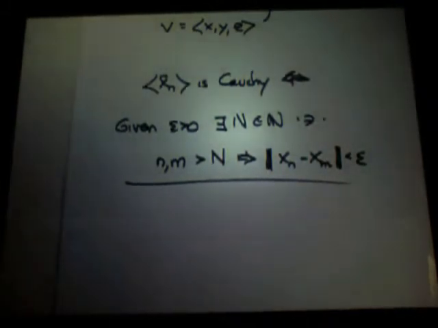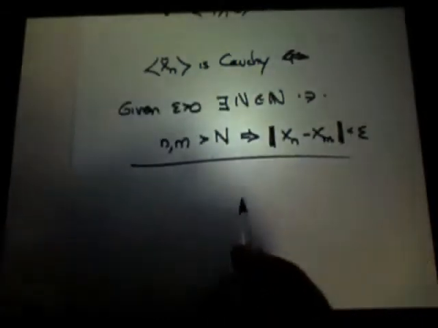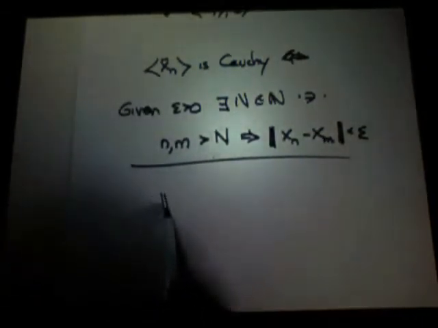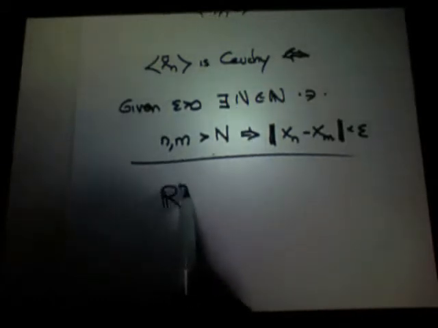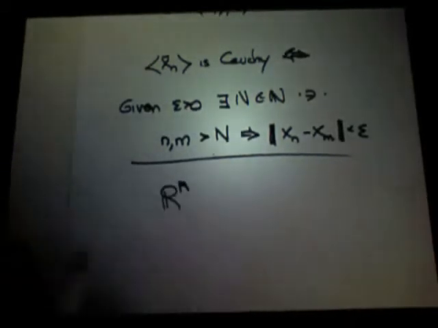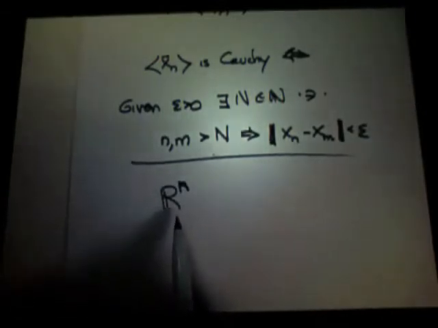His big contribution, or one of many, maybe the biggest, is he recognized the correct generalization, or the most fruitful generalization, of these spaces, the vector spaces, real numbers, the direct product of R with itself n times, right?